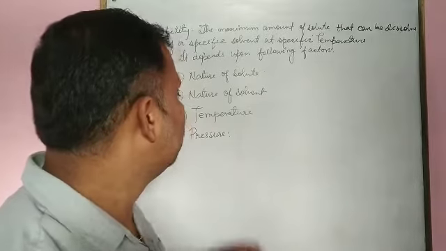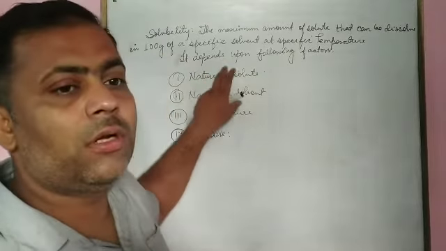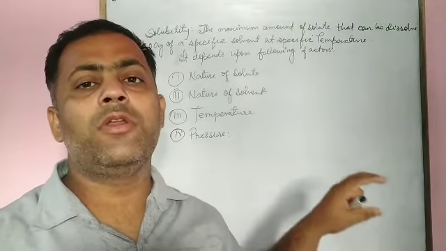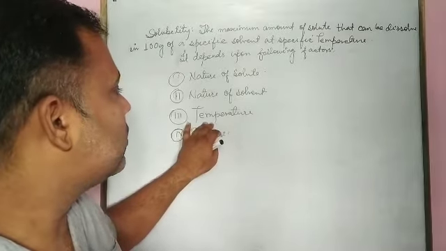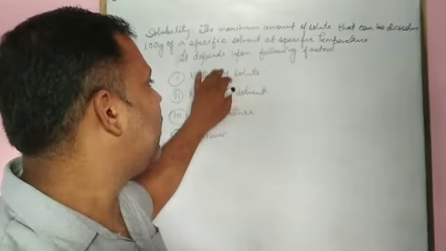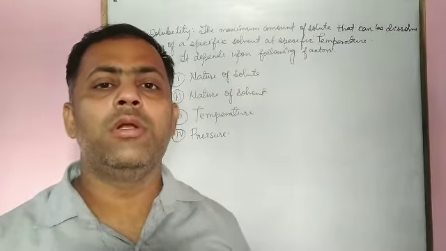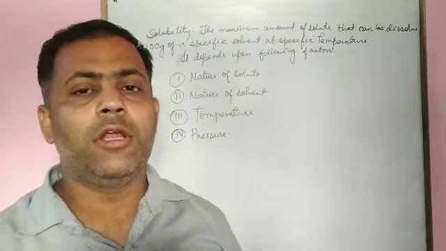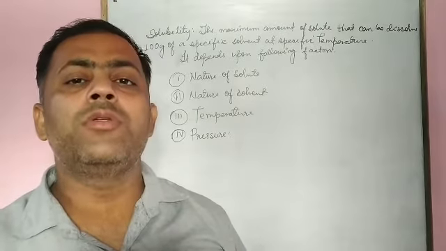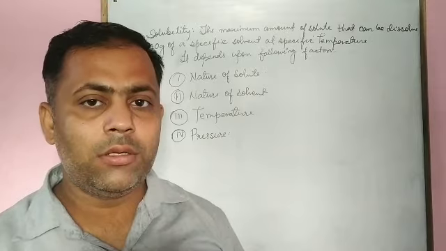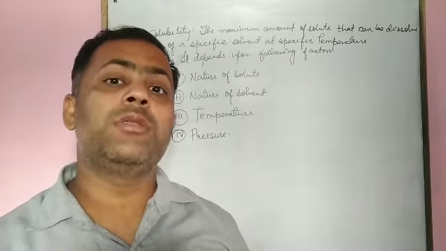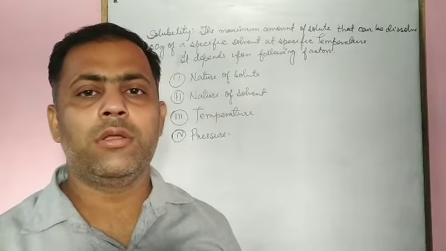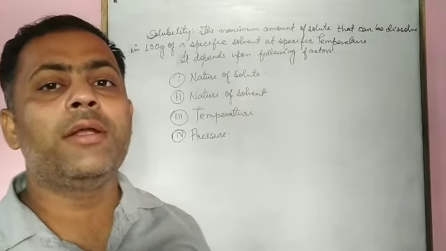It means the covalent solute dissolves in covalent solvent. Next, the ionic solute dissolves in ionic solvent. If we have sodium chloride, it is ionic, it will easily dissolve in water because water is polar in nature. It means like dissolves like.